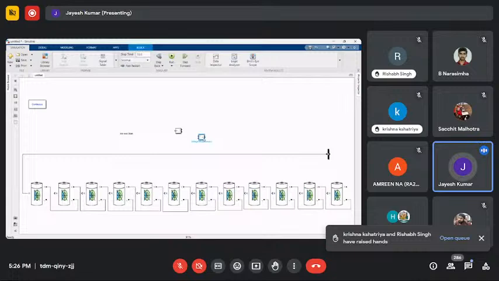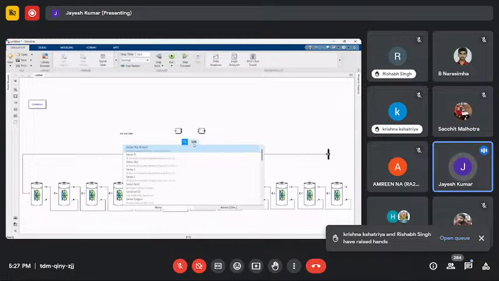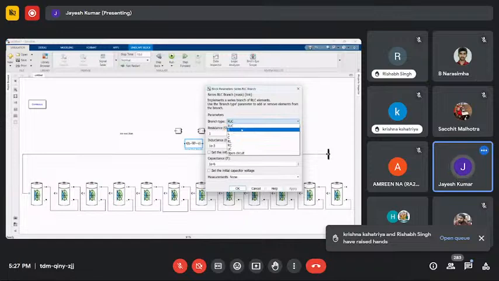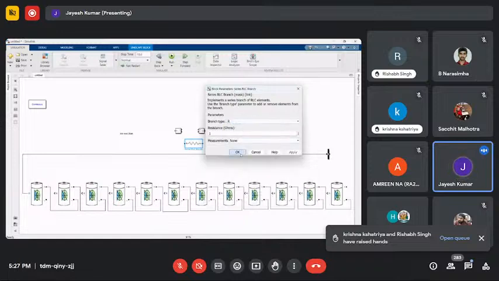I also have to apply the load, because until we apply a load on the battery pack, we can't see the current. So I use the RLC load. I choose the resistive load across the battery pack. Okay.